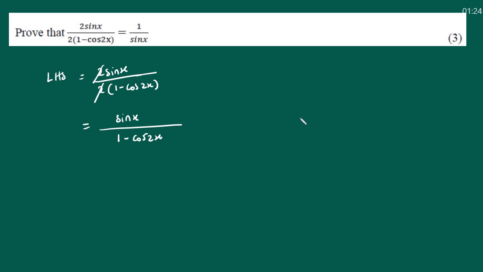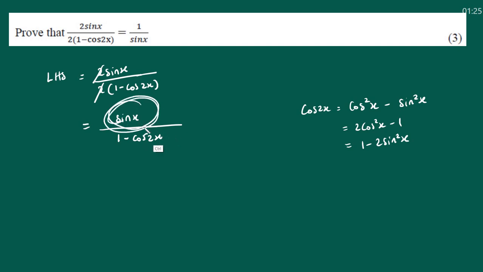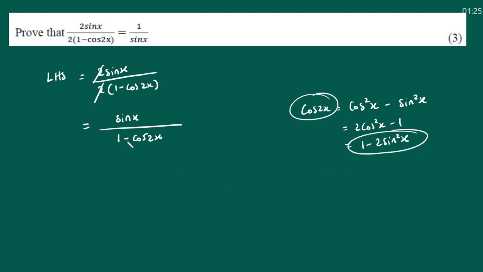Now if I can take you back again, remember for cos 2x we said it is cos squared x minus sine squared x. We also said it's 2 cos squared x minus 1. We also said it's 1 minus 2 sine squared x. Usually for identities, you always want to make them to be one thing. So if on top I have sine, I should choose the one that reduces cos 2x to sine.